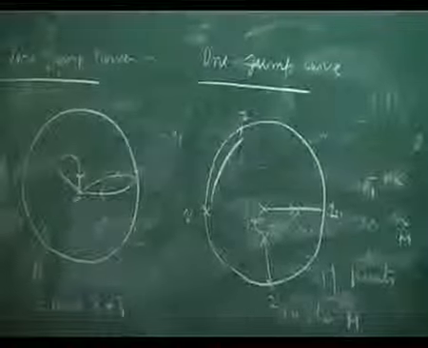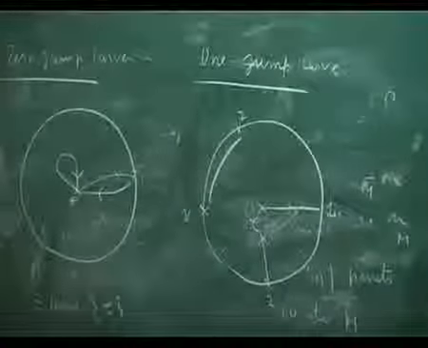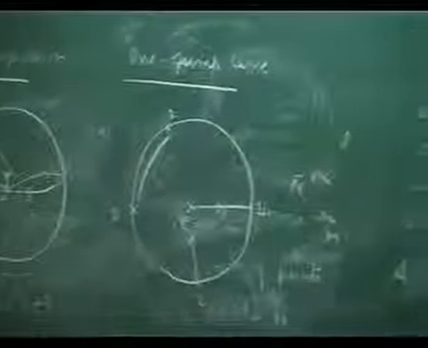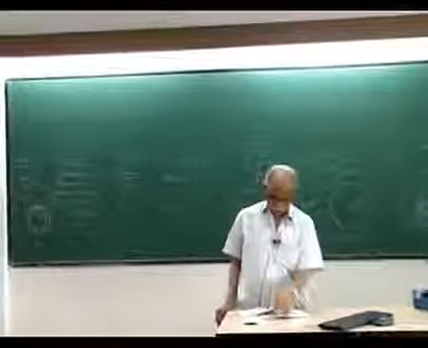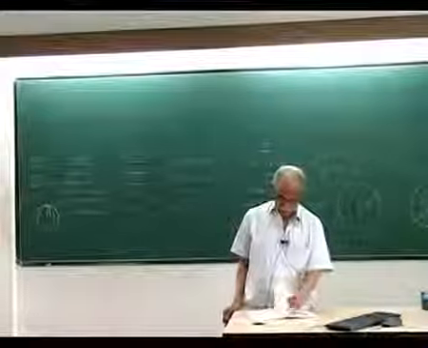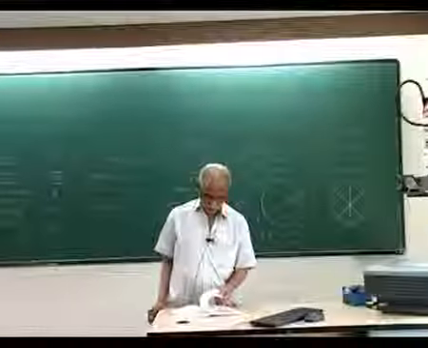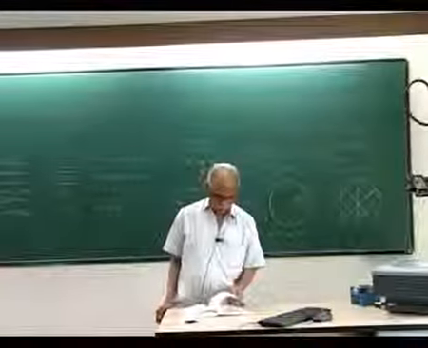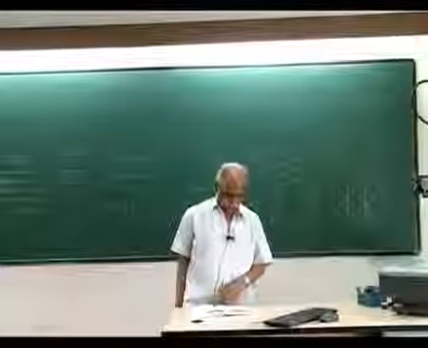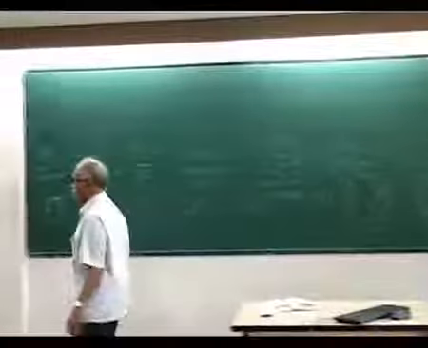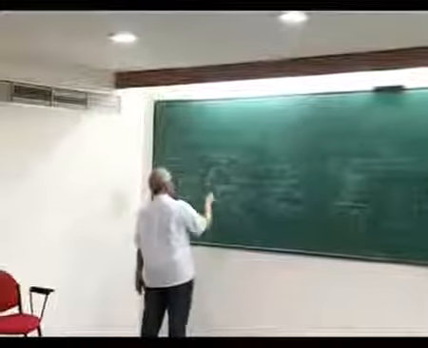Have I jumped twice? Wait a minute, I have jumped here twice. Yeah, here I jumped twice. Okay. So this is a 2 jump curve, because I jumped twice.